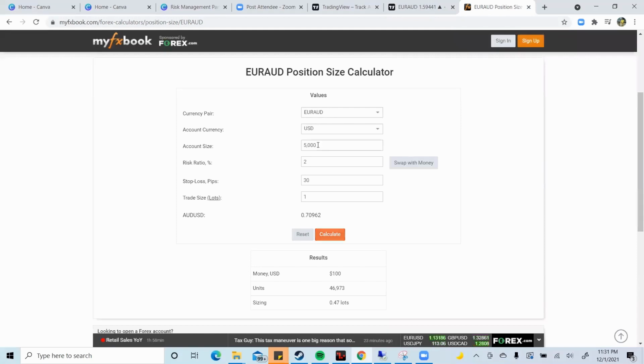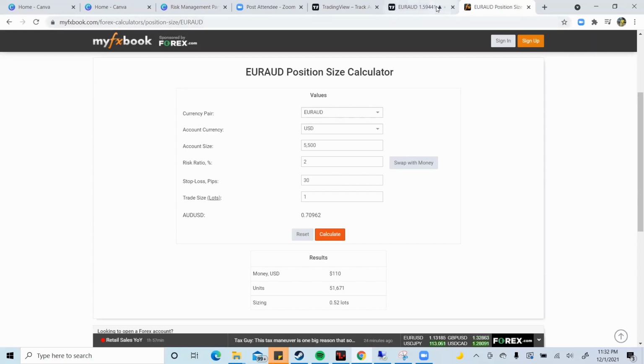Let's just add $500 to this account. $500, 2%. Your same 2% risk. It was at 0.47 lots, but now you got to 550 or 5,500. Use the calculator. Now your lot size goes up because your account size is bigger, but your risk stays the same.